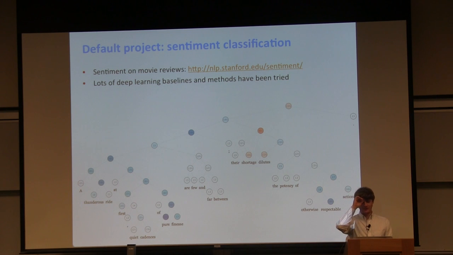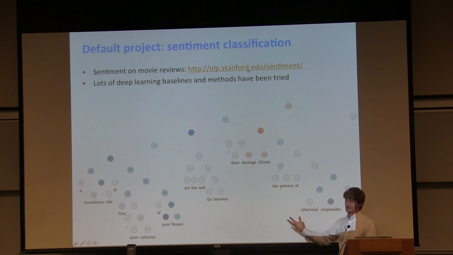And then I've been asked for sort of a default project, and one of those would be sentiment analysis. We've covered it a lot in class. And this is a data set that I had introduced during my PhD. Hundreds of researchers have since worked on it, and it's basically a very nice, clean data set. It has a train dev test split already. It's harder to mess it up. So if you are kind of busy and you just want to get a passing grade and you don't want to think too much about some creative task in the world, this is a reasonable data set that has clean labels.